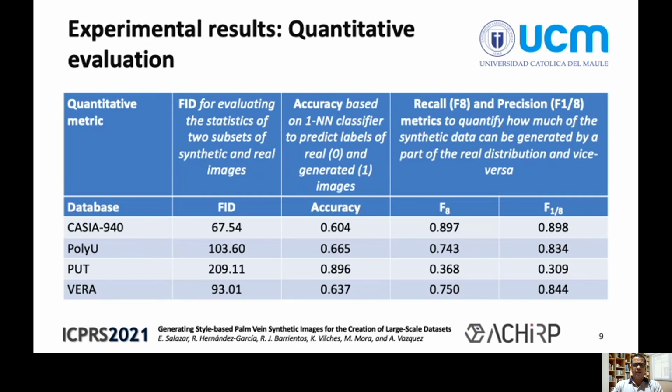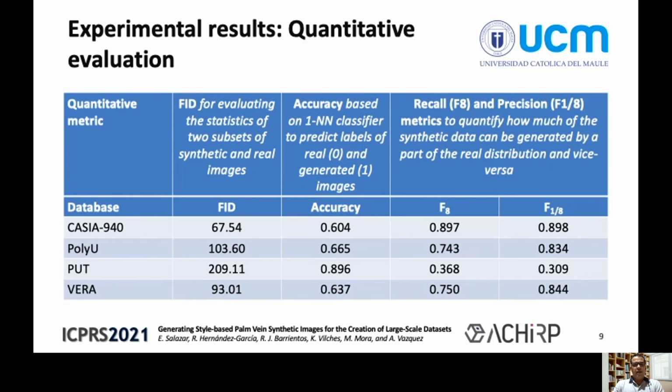Aiming to quantitatively measure the similarity of the distribution between real and generated images, we use three metrics in the feature space, which is more robust than the pixel space for measuring similarity. With this proposal, we compute the FID for evaluating the statistics of two subsets of synthetic and real images.